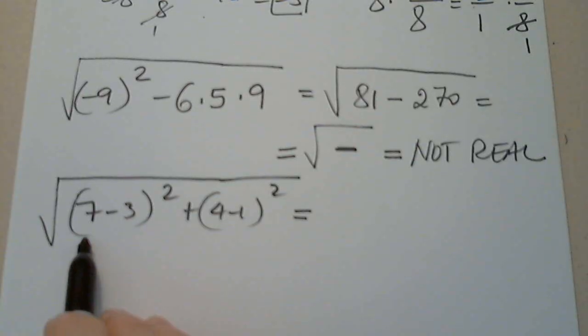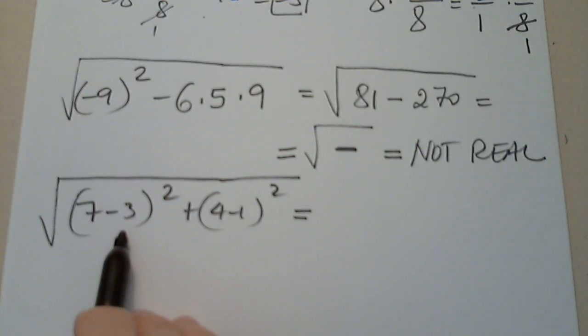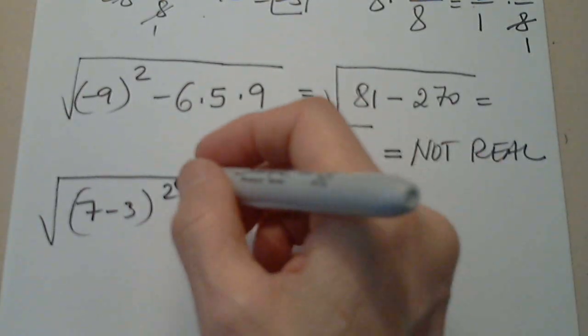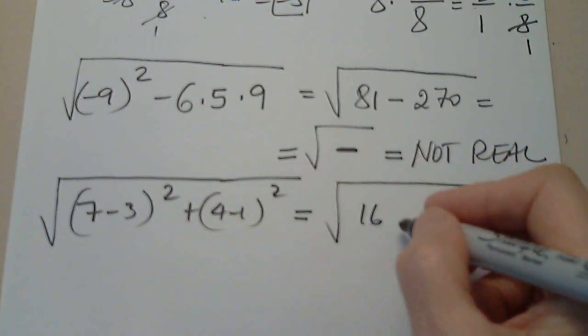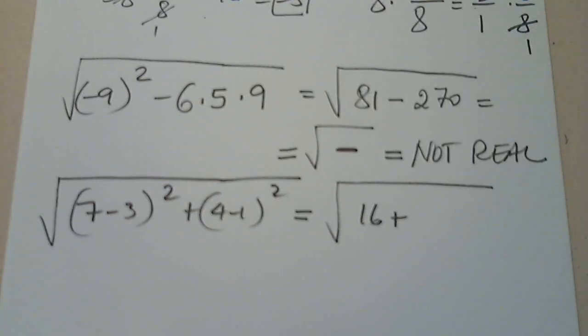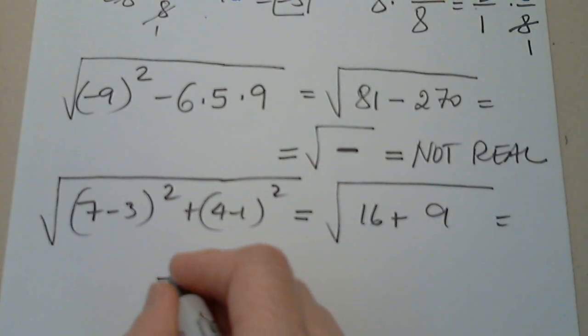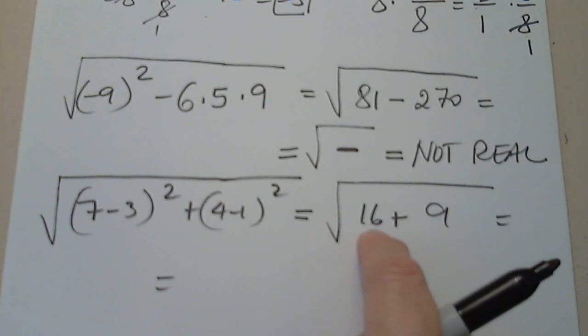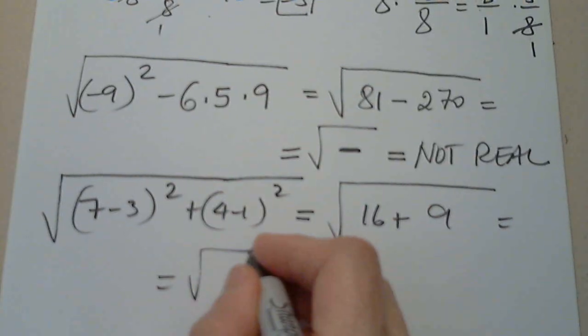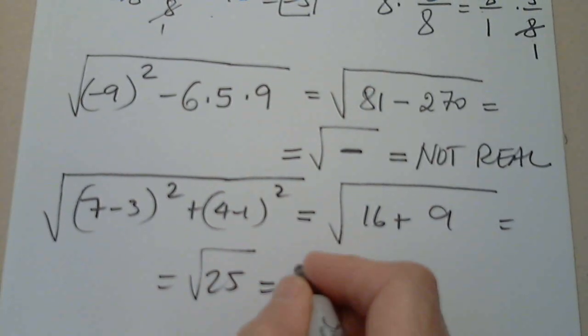You mean 7 minus 3, which is 4. 4 squared, 16. Very good. Plus 4 minus 1, which is 3, and 3 squared is 9. Remember, we cannot split the radical. It's a sum of terms, but I can perform 16 plus 9, and this is the square root of 25, which is 5.